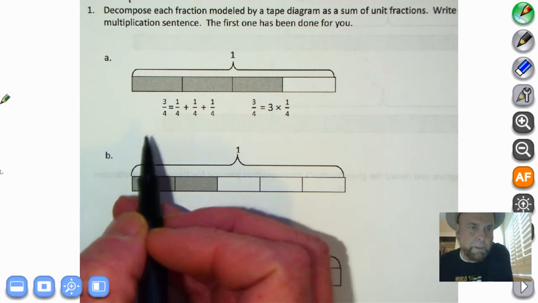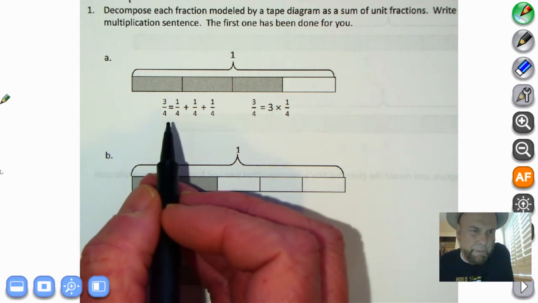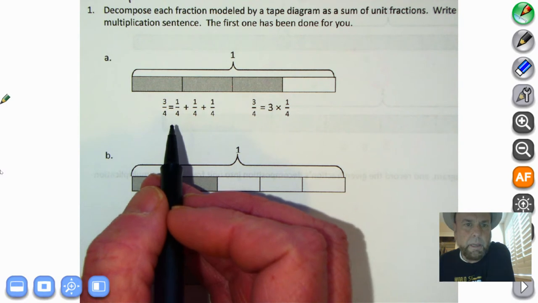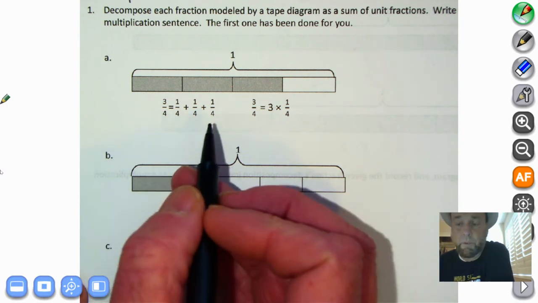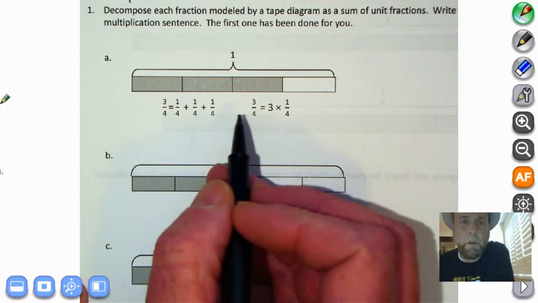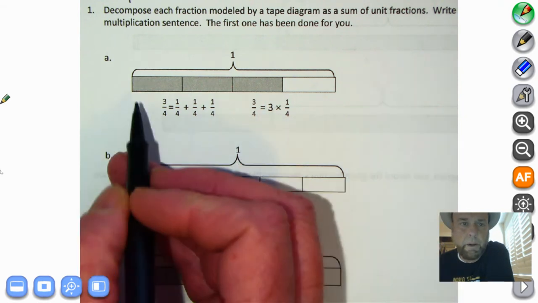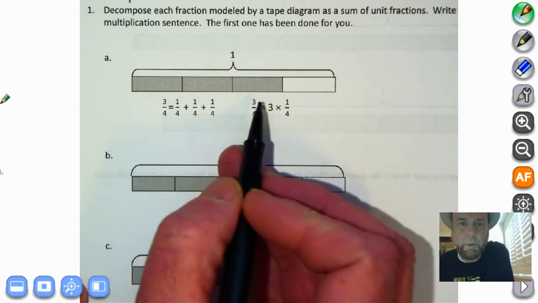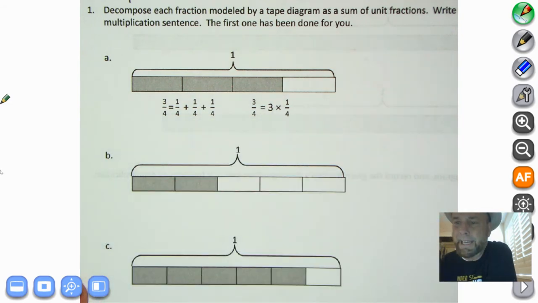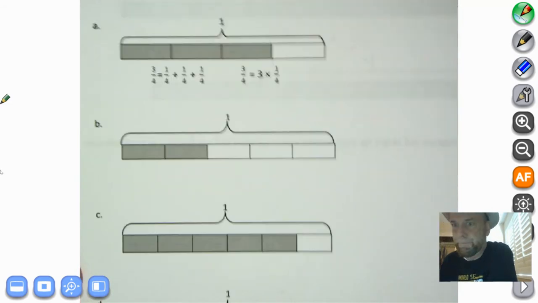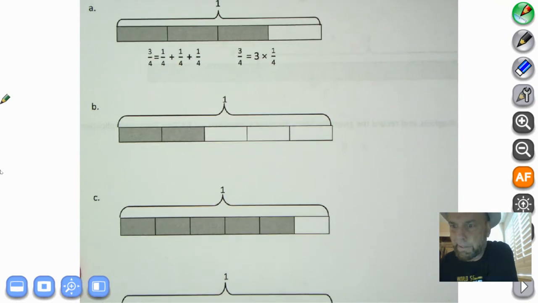So it's 3/4. And what we did here was 3/4 equals 1/4 plus 1/4 plus 1/4, just like we were working on yesterday. Or 3/4 equals 3 times 1/4. 1/4, 2/4, 3/4. Okay? Remember, multiplication is just repeat addition.